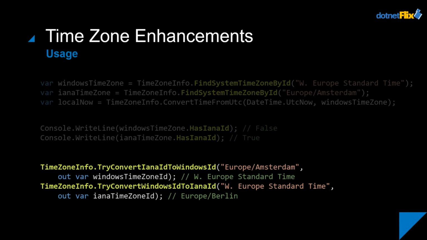And if I then convert Western Europe Standard Time back to an IANA time zone ID, I would get Europe/Berlin back, which is not the Europe/Amsterdam from which the Western Europe Standard Time zone was created. So there's not a one-on-one conversion available, but you will always get a time zone back which has equivalent rules to the IANA or Windows time zone which you insert into those conversion methods.